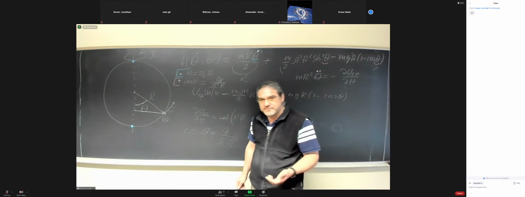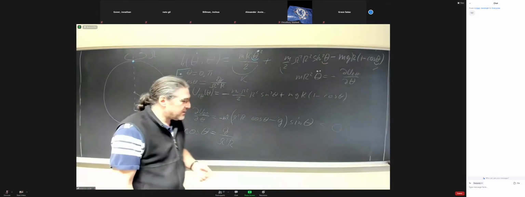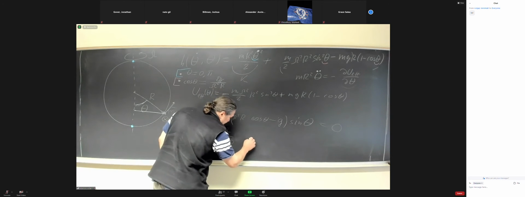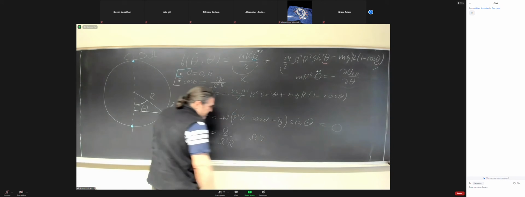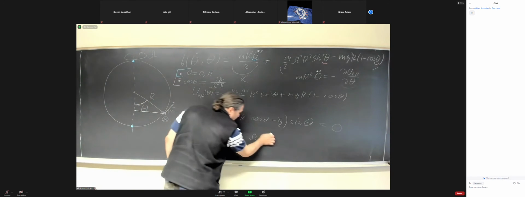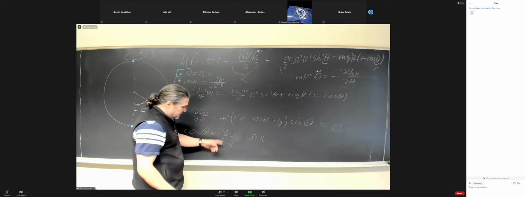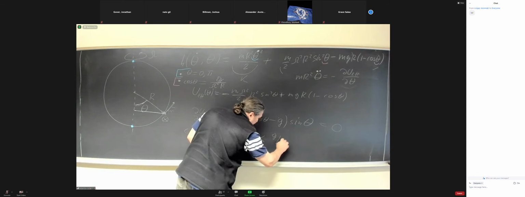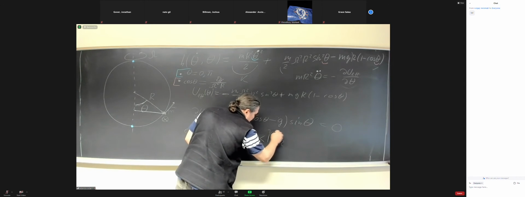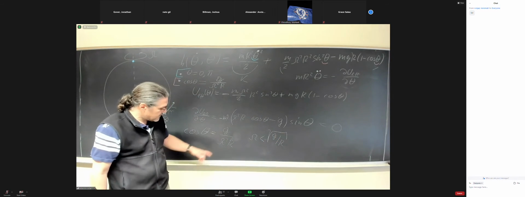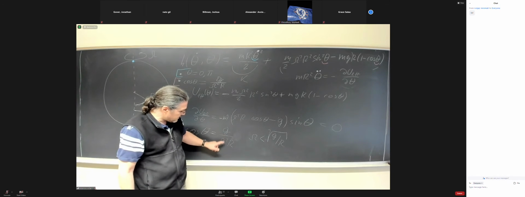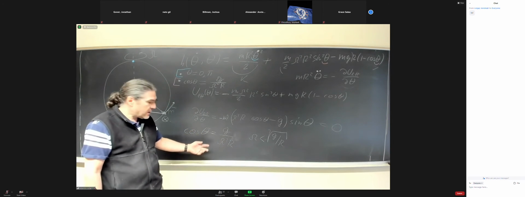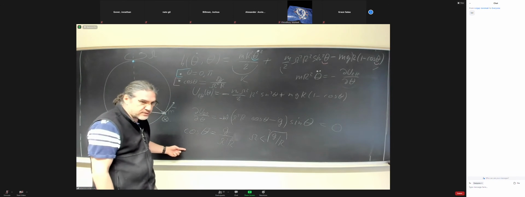So if omega is smaller, so that omega squared is smaller than G divided by R, this equation does not have a solution.